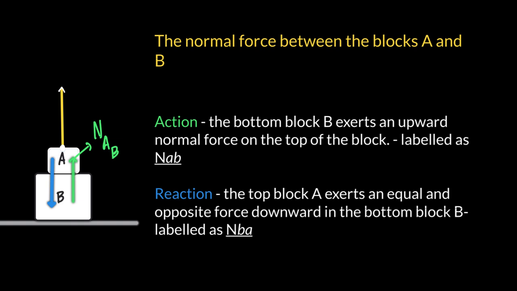What is the reaction? The top block A exerts an equal and opposite force in the downward direction, labeled as NBA. So what is this blue arrow? It is the normal reaction on the block due to A. This is the normal reaction between the two blocks A and B. I hope this is clear, because this is the concept the question is trying to test your knowledge on.